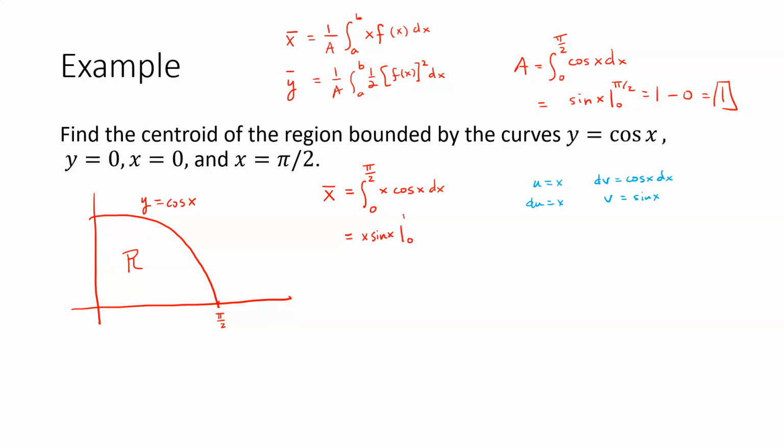evaluated from 0 to pi over 2 minus the integral from 0 to pi over 2 of sine x. Okay, so we have pi over 2 sine of pi over 2, which is 1, minus 0. And here when we integrate sine x, it'll be negative cosine x.